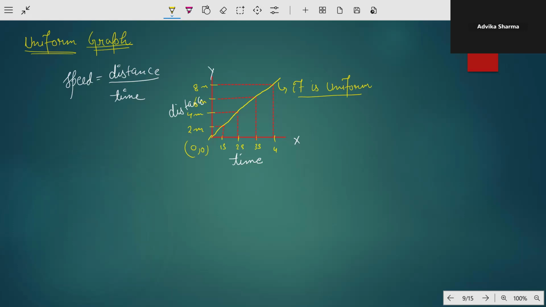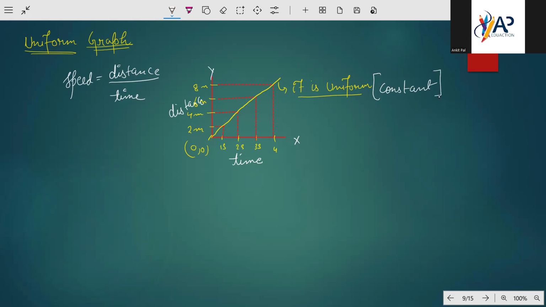Yeah, so sir, basically you're saying that the line has a constant slope, right? Right. Uniform means constant. So a graph is uniform if it has a constant slope?